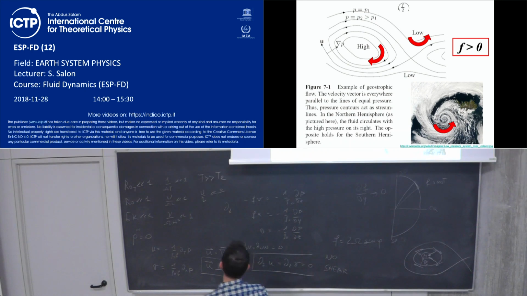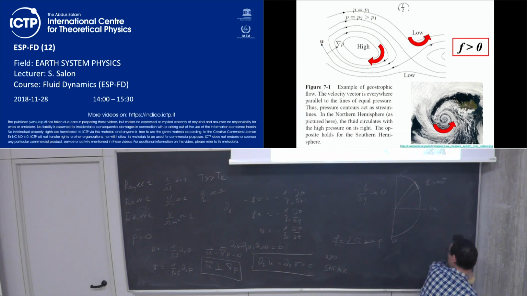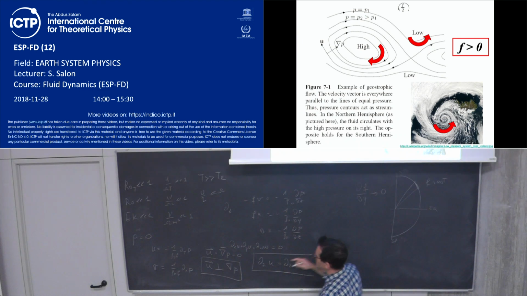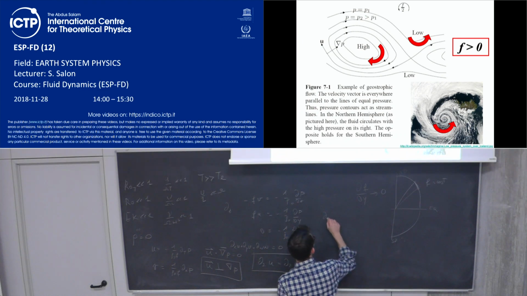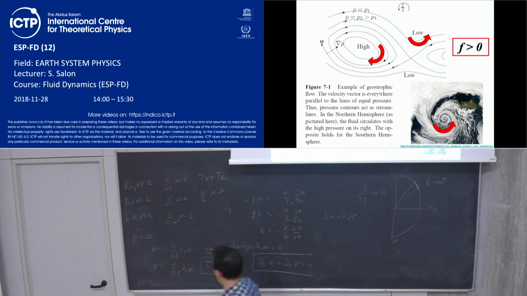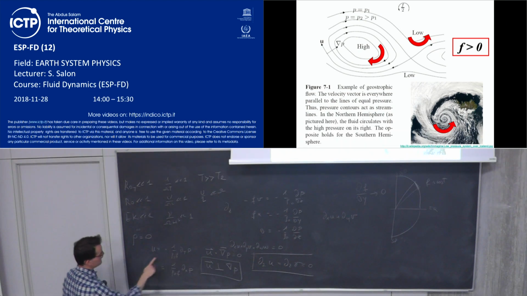So if this is the case, we can calculate the divergence, the horizontal divergence of our geostrophic flow.